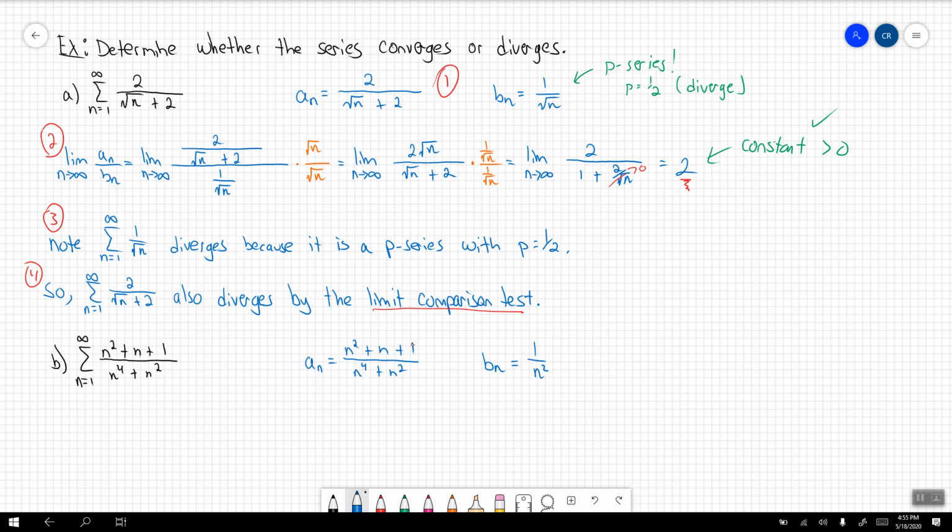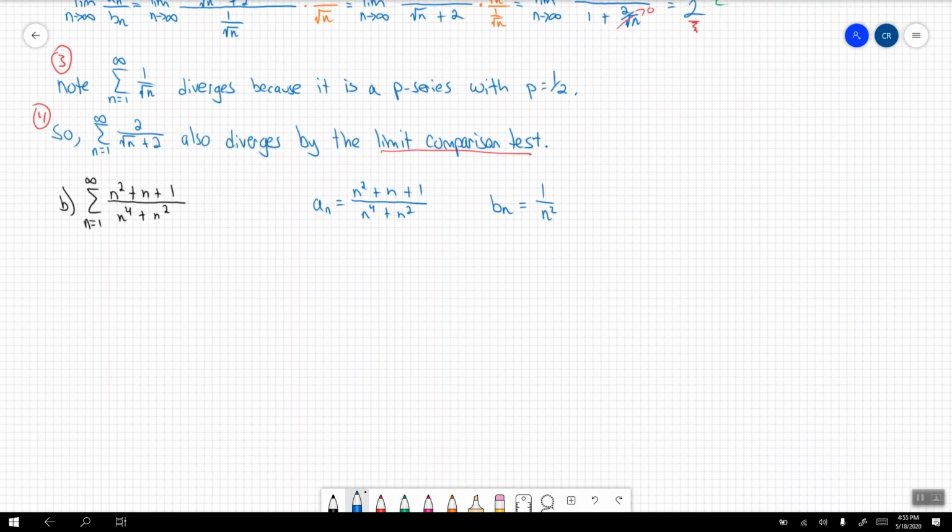And again, because if we build an inequality, we can still find that comparison as an inequality that this will still satisfy. And more specifically, this function here is a part of a p-series. Yay. And this here is going to be p is equal to 2.